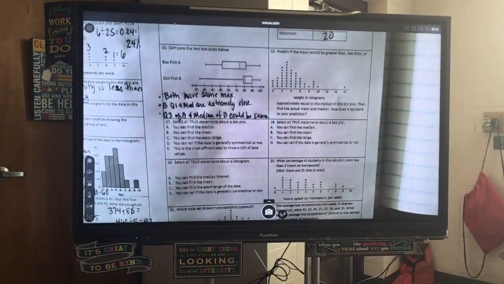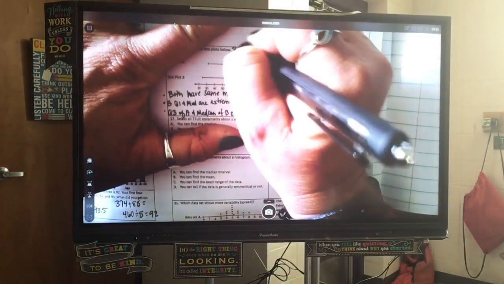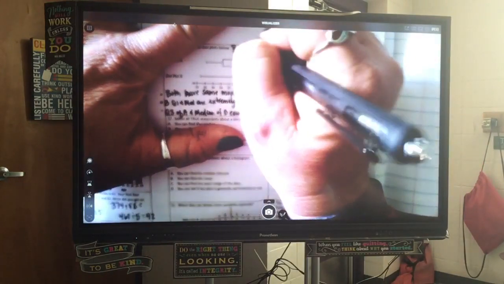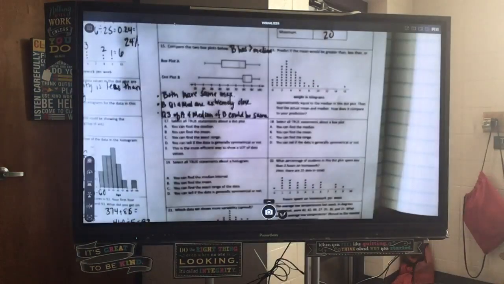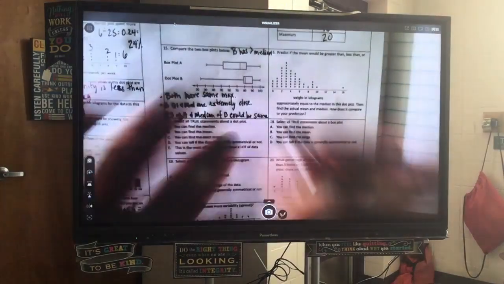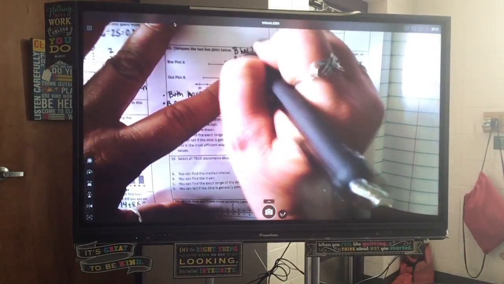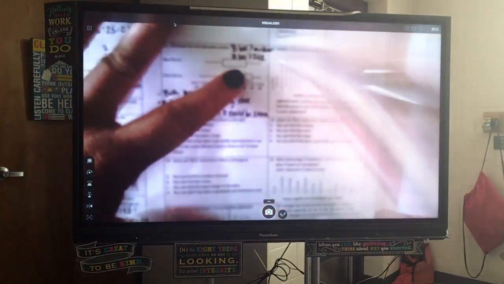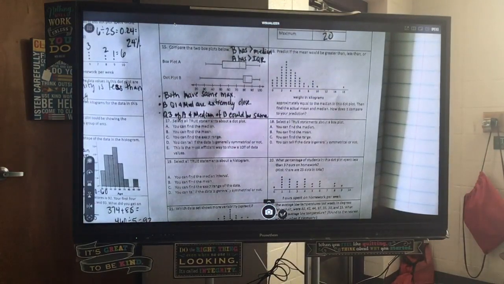Cora: I said that plot B has a greater median than plot A. Christian: I say A has a larger IQR and range. Someone says A has a larger minimum.